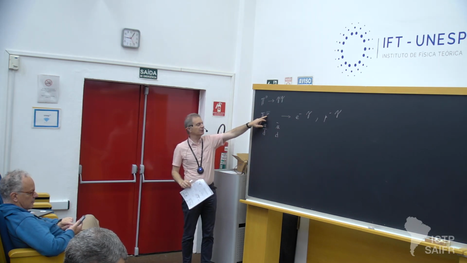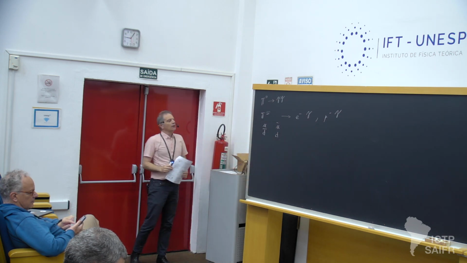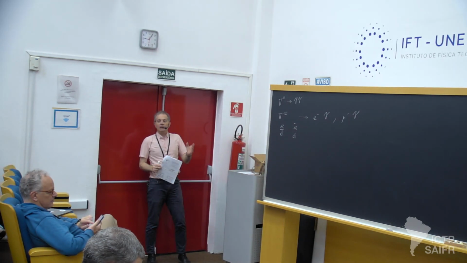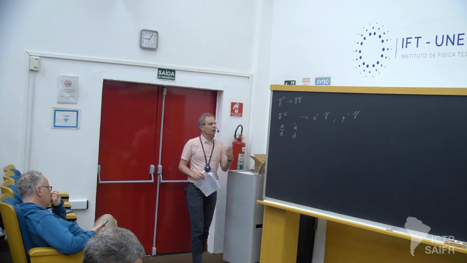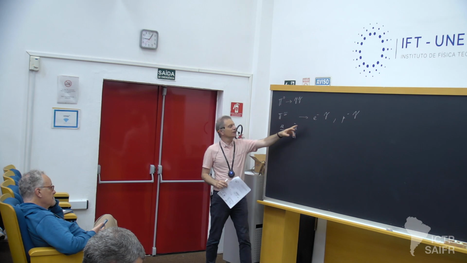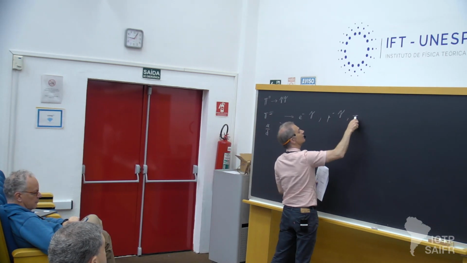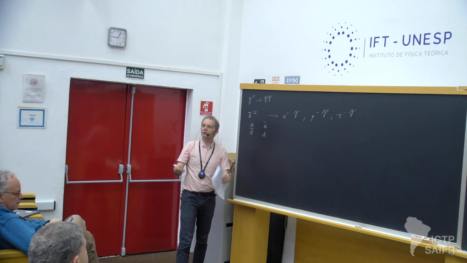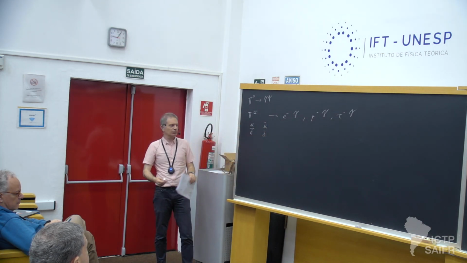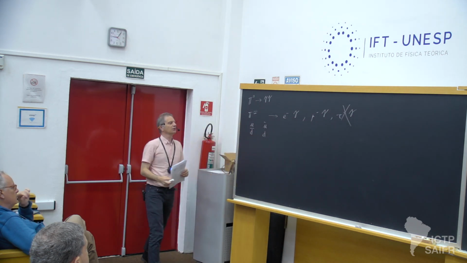You start with -1, you end up with -1. By the way, it cannot decay into a tau, because the tau is heavier than the pion, so you don't have enough mass to decay into a tau. So these are the two most abundant decay modes.